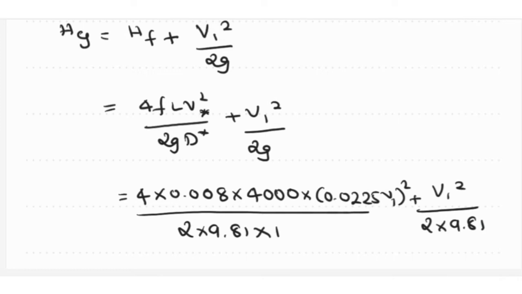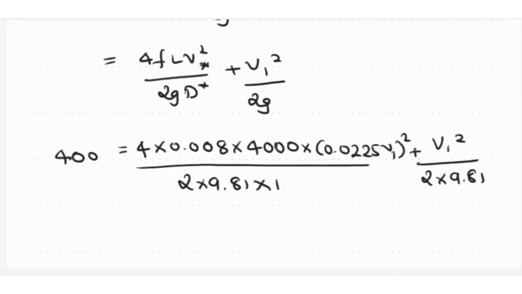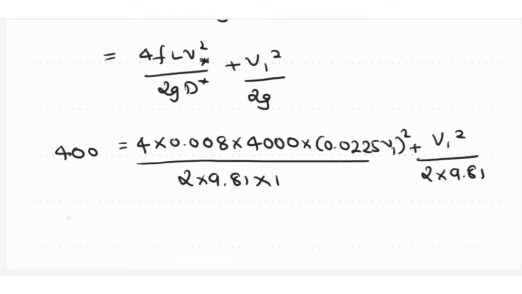Here the gross head is given as 400 meter. So now everything is known except V1, so we have to solve for the V1 value.